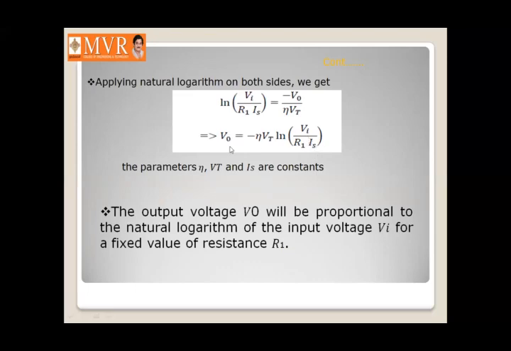Then we can say that V naught is proportional to the natural logarithm of the input voltage. So the output voltage V naught will be proportional to the natural logarithm of the input voltage for a fixed value of resistance R1. Hence, our op amp is going to perform its operation as a logarithmic amplifier.